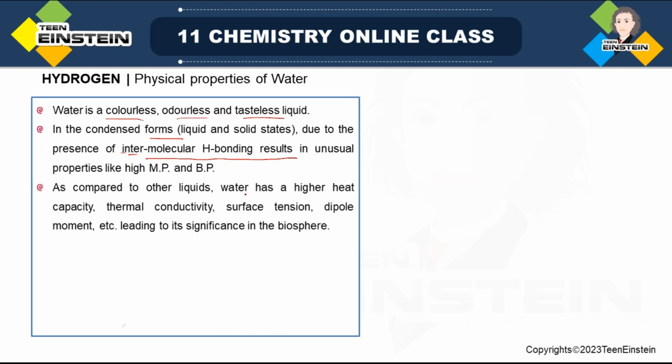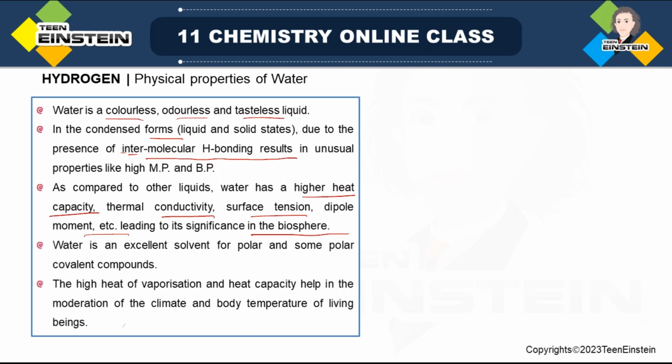As compared to other liquids, water has high heat capacity, the capacity to contain heat for a long time. Thermal conductivity, surface tension, dipole moment, etc. Everything is high compared to other liquids, and that is the reason it has a special significance in the biosphere.